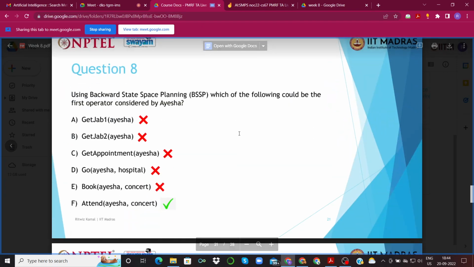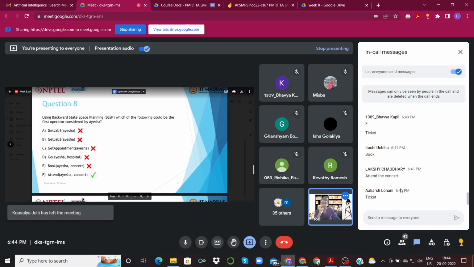As we discussed, the immediate operator to precede the condition of attending a concert would be the attend operator, and so that would be the first operator considered by Aisha in BSSP. Akash, remember that we are asked only for the immediate first operator. The ticket doesn't come into our consideration as of now.